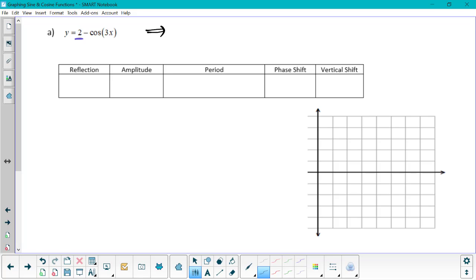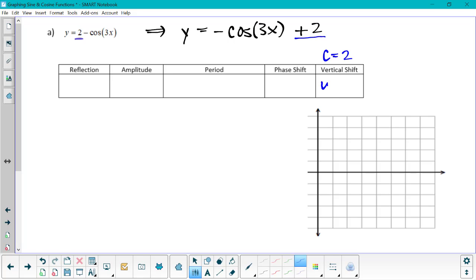So if I move that to the end, I would rewrite this function as y equals, that negative is attached to the cosine, so that's a negative 1 cosine of 3x. And then that's a positive 2, so it's a plus 2. So I can see that's my value of c out here that I'm adding, and that's what tells me we have a vertical shift.